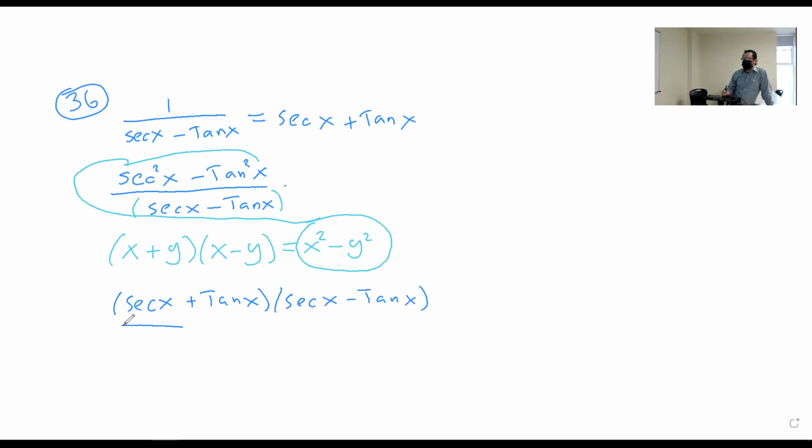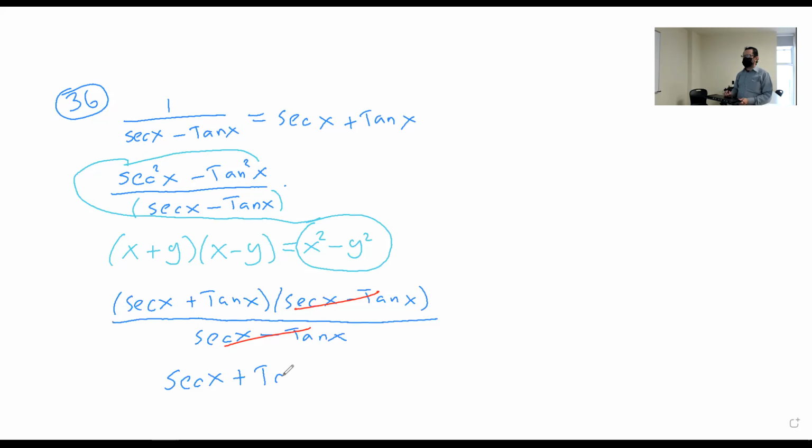And we eliminate, and at the end it's going to be the same. And this is going to be secant of x minus tangent of x. These are going to be eliminated here, and secant of x plus tangent of x, and that's what we have there.